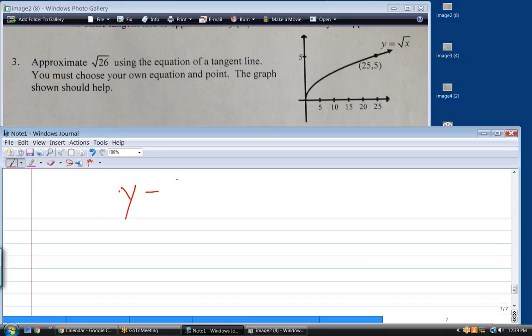y minus 5. Well, let's call 5 f of c. y minus f of c equals f prime of c times x minus c. That's the one to remember. And the thing to remember is that c is the x-coordinate.